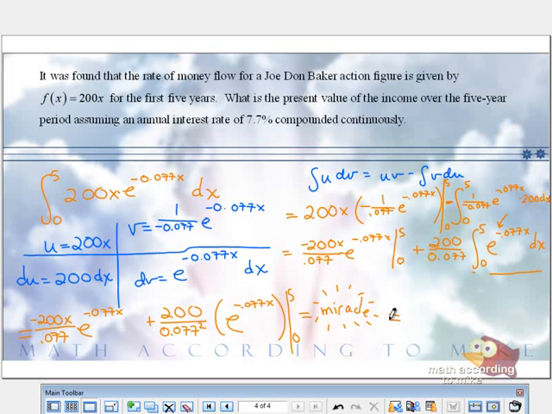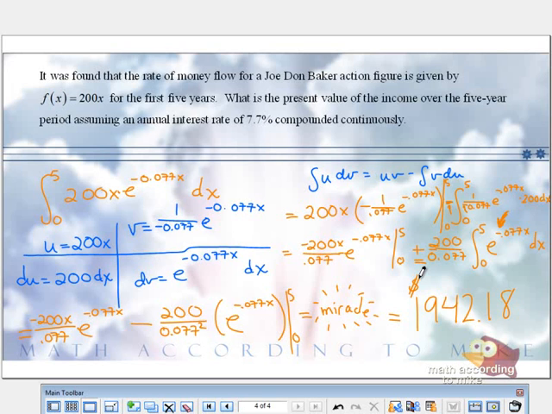I got 1942.18. I double checked. 1942.18.